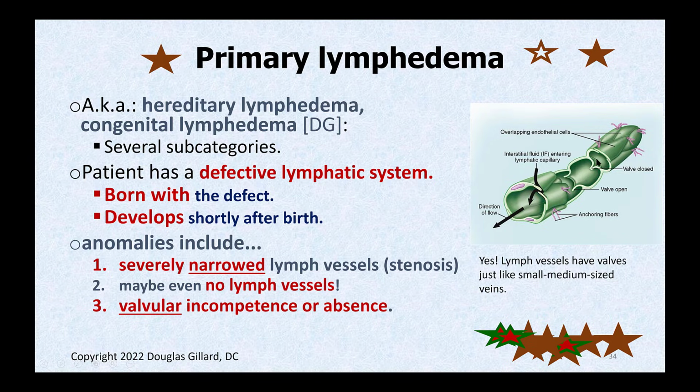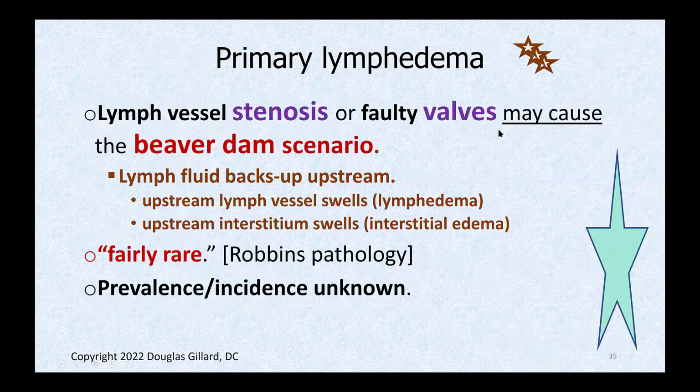This is going to swell, and lymph fluid is going to be draining out here, and interstitial fluid is going to be building up. That's upstream. So make sure you understand that upstream is this way. Downstream from the beaver dam would be this way.